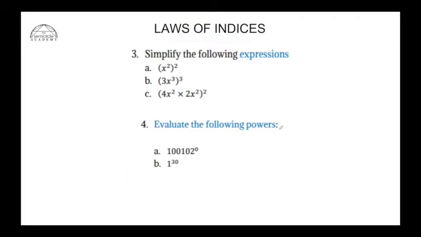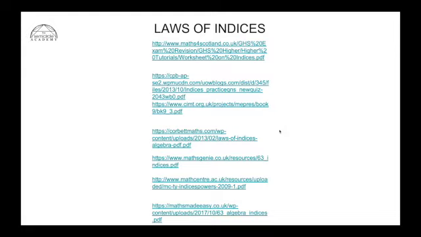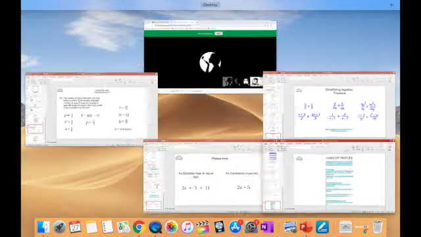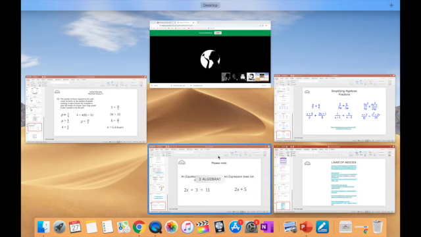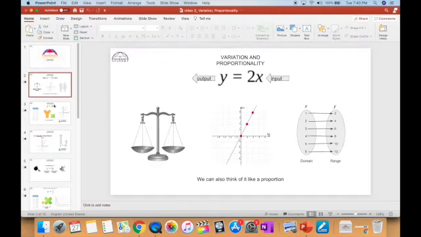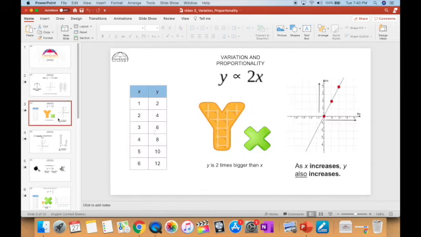Then we have some laws of indices questions here, and last but not least, we did variation and proportionality. We saw that when y is proportional to 2x, y is twice bigger than x, 2 times larger than x.